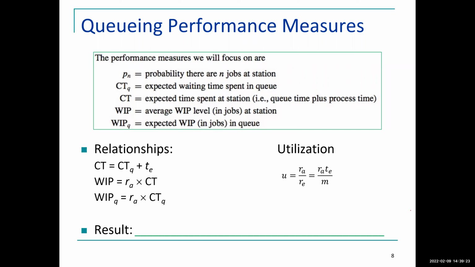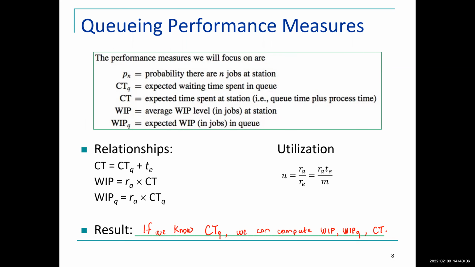So as a result, we have the following. If we know CTQ, we can compute WIP, WIPQ, and the cycle time.